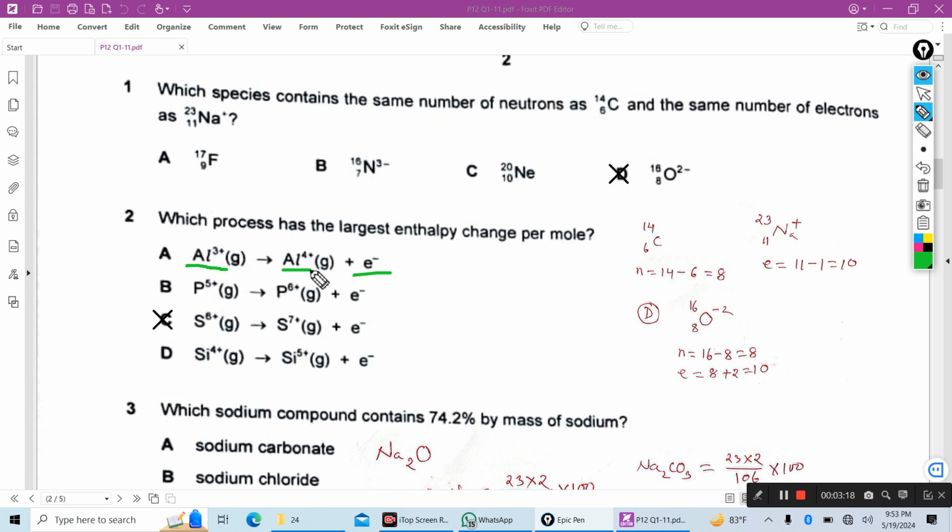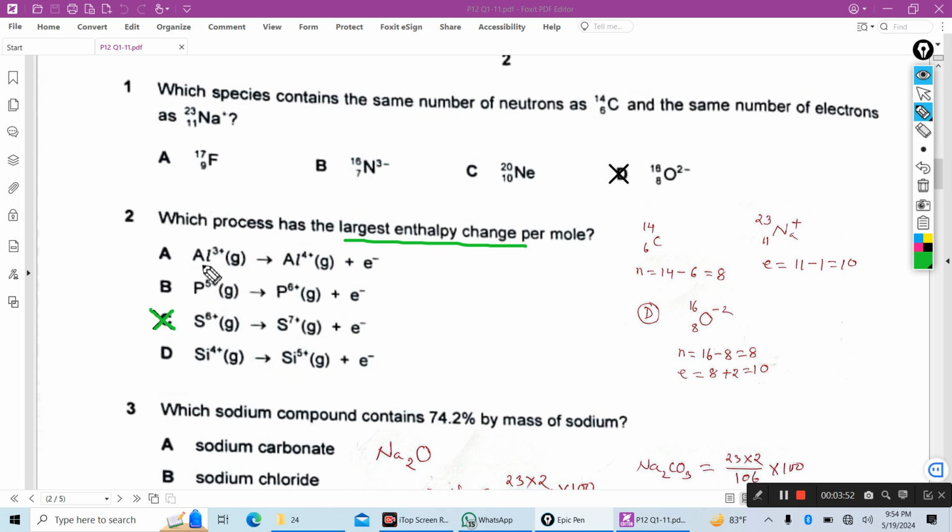This is the fourth ionization energy, and this is phosphorus 5th to 6th ionization energy, sulfur 6 to 7 where 1 electron is lost, and silicon 4 to 5 where 1 electron is lost. Now, the largest enthalpy change per mole, so C is the correct answer.